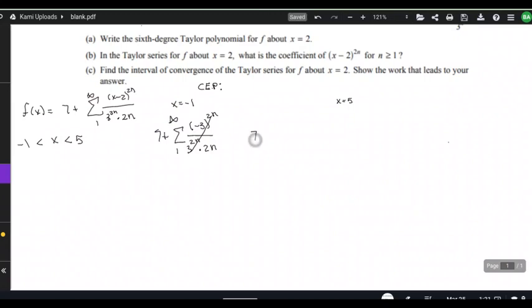And we're going to have 7 plus the summation of 1 over 2n. And remember that 1 half we can factor out and have 7 plus 1 half times the sum of 1 over n. We know from our rules that 1 over n is a harmonic series and that harmonic diverges. So that means at x equals negative 1, we're going to have a divergence by harmonic.